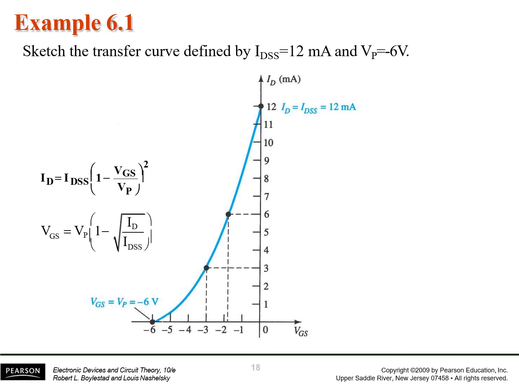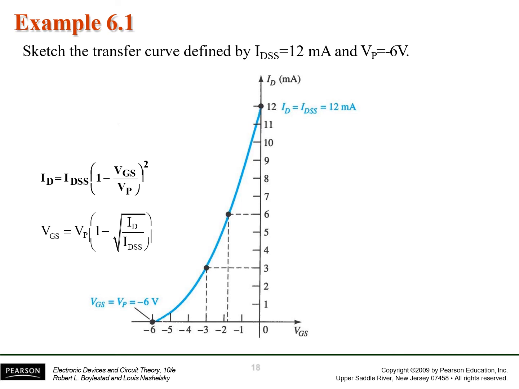That's why this point is plotted on the x-axis at minus 6 volts of VGS. While at VGS equal to 0, ID comes out to be IDSS, which is 12 milliamperes in this case.